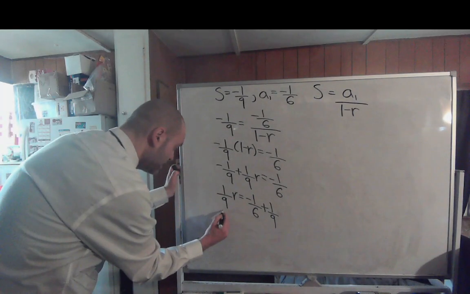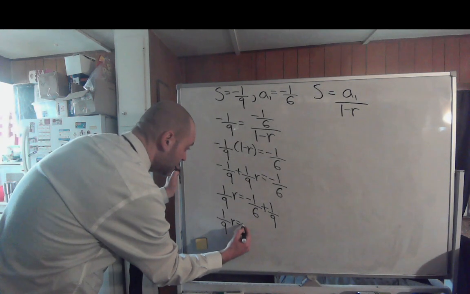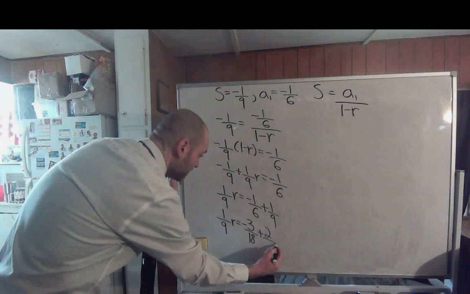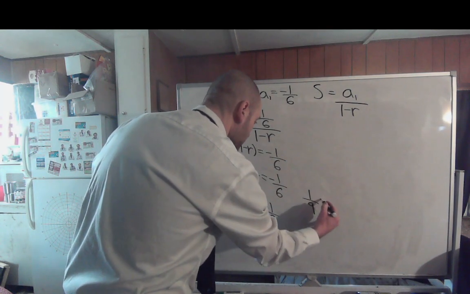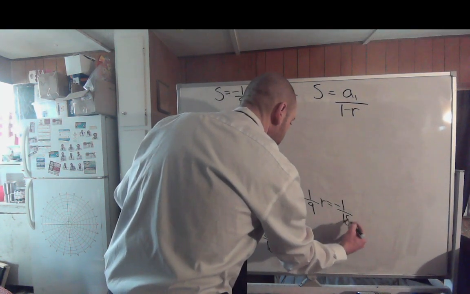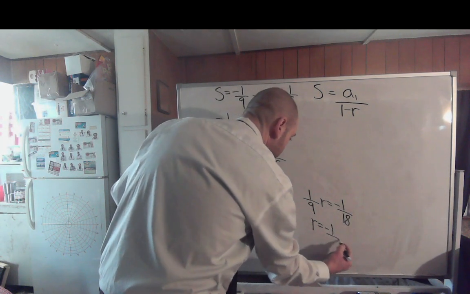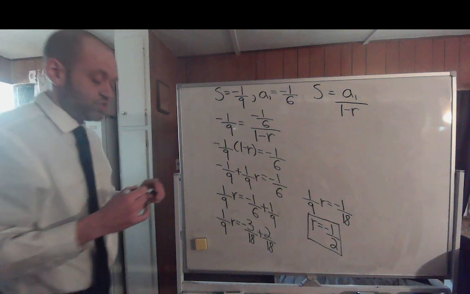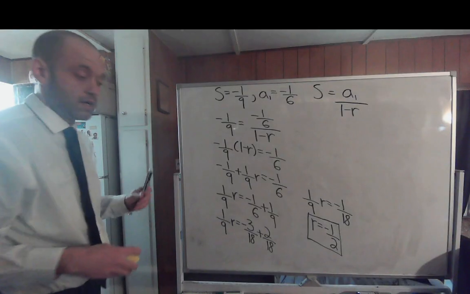So this could become 1/9 r equals -3/18 plus 2/18, which would give you 1/9 r equals -1/18. So r would just equal -1/2. So the common ratio for this infinite geometric series is -1/2 when you solve for r.